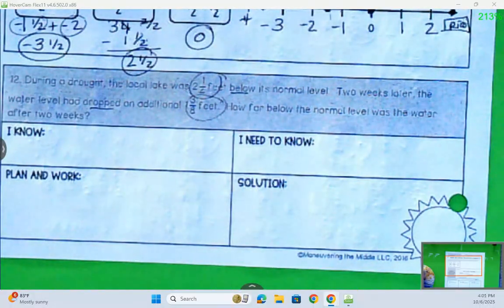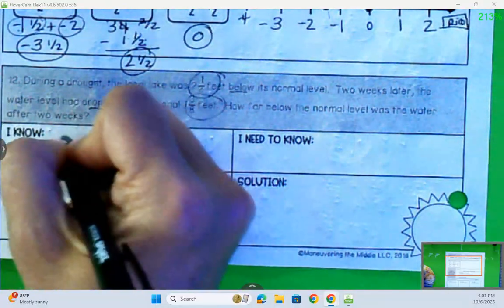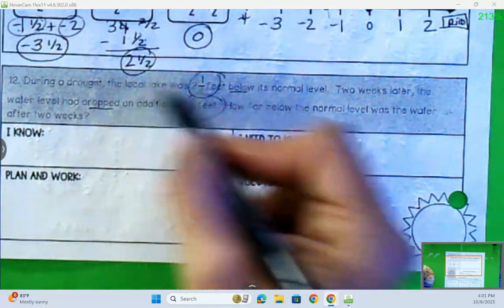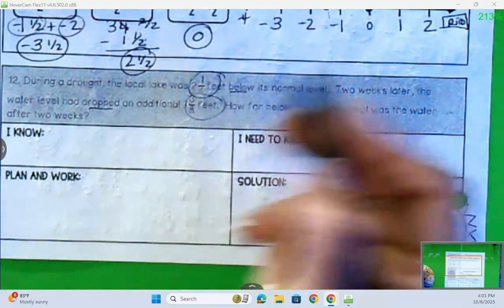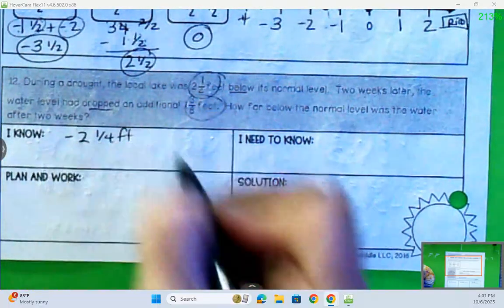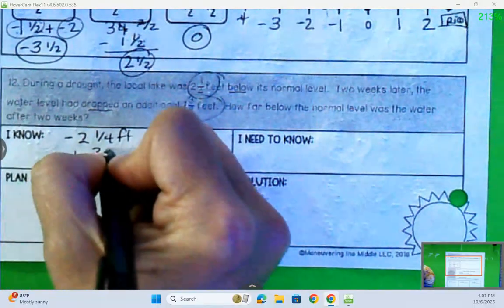How far below the normal level was the water after 2 weeks? So it looks like the level's down and it's going further down. If it's a drop of 2 1/4 feet, that's going to be negative 2 1/4 feet. And a drop of 1 3/8 is going to be negative 1 3/8 feet.